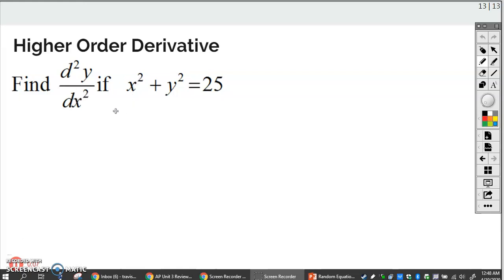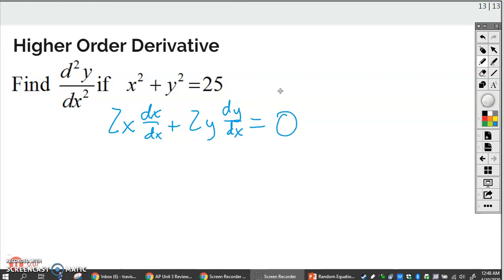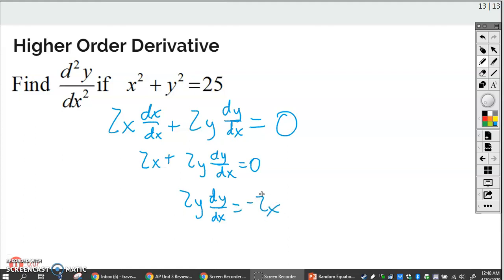So the derivative of x squared would be 2x dx/dx, plus the derivative of y squared would be 2y dy/dx, and as always the derivative of a constant is 0. dx/dx is just 1, so this is really just 2x plus 2y dy/dx equals 0, and I need to isolate dy/dx, so I can subtract the 2x. 2y dy/dx equals negative 2x.